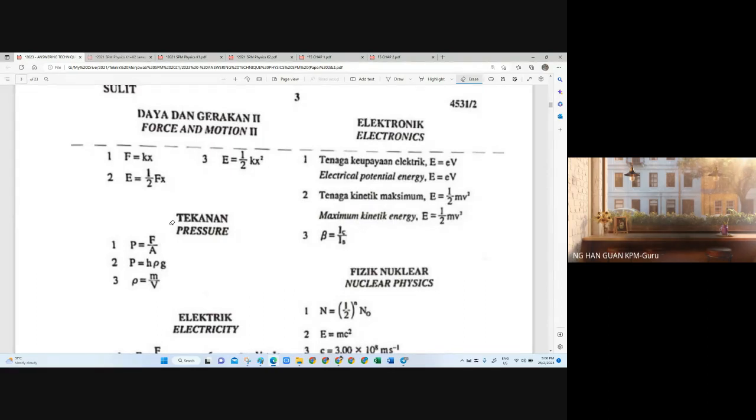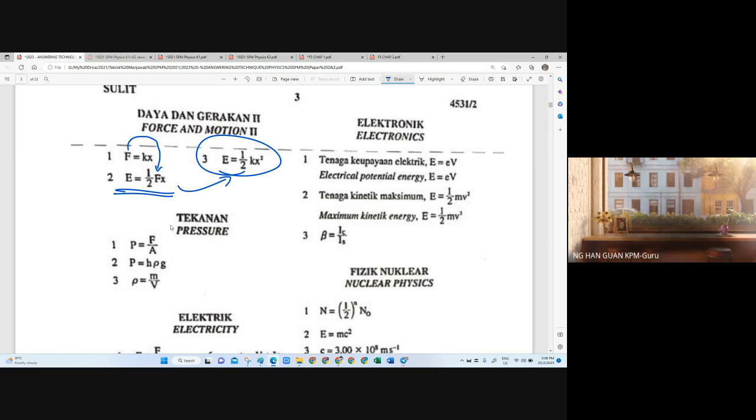I don't know why it provided this, because basically you just need E equal to 1/2 Fx, enough already. When we substitute F equal to kx into this formula, we get 1/2 kx squared. So by right, number 3 needn't be given. It's just an extra one.